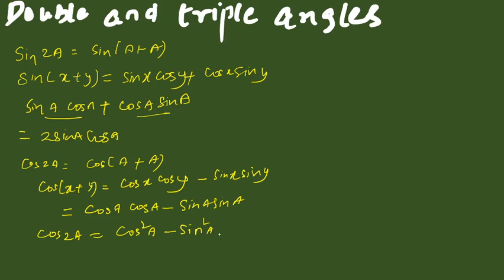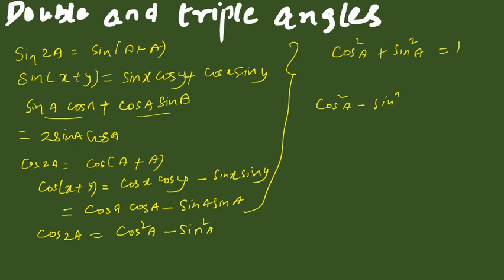This is the formula for cos 2A. So my dears, when you get the cos 2A formula as cos square A minus sine square A, we have a confusion. We studied that cos square A plus sine square A is 1 in class 10. But here we are learning cos square A minus sine square A is equal to cos 2A.